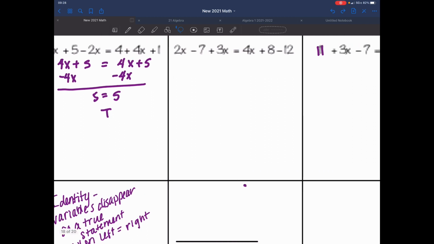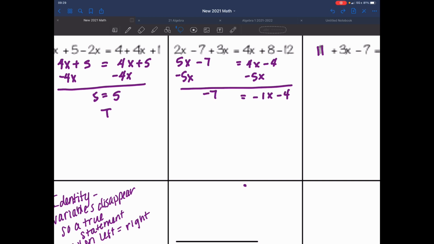All right, let's look at the next one. I have 2x minus 7 plus 3x equals 4x plus 8 minus 12. From here, we're going to collect like terms. I have 5x minus 7 equals 4x plus 4. And then I'm going to subtract 5x from both sides. So I get negative 7 equals negative 1x plus 4.